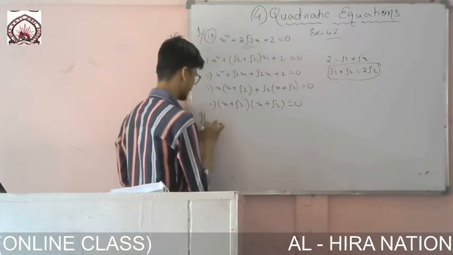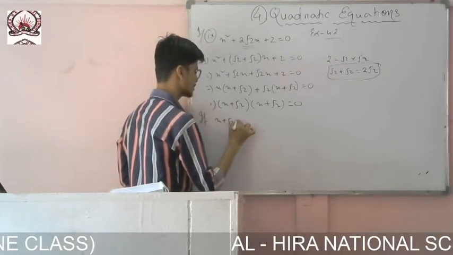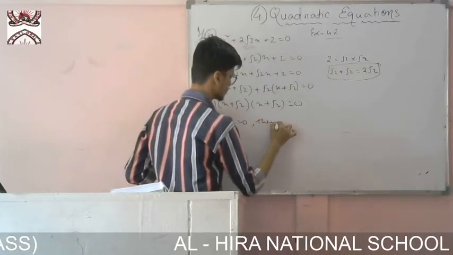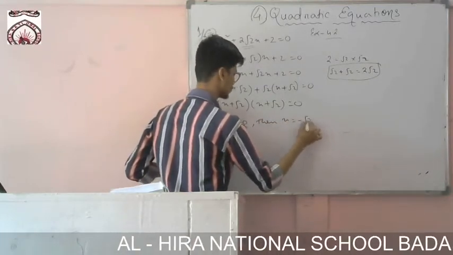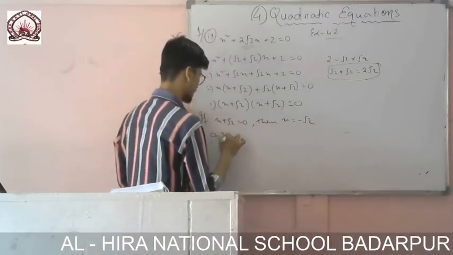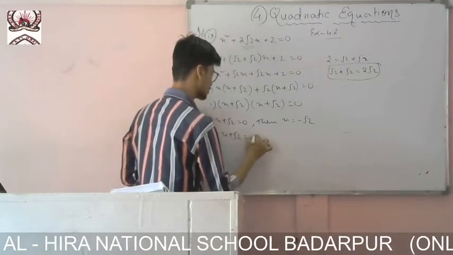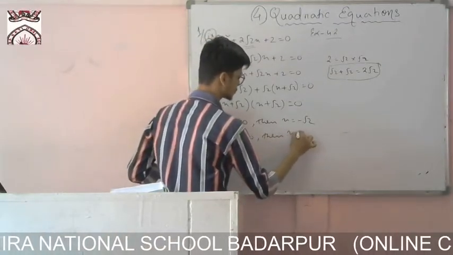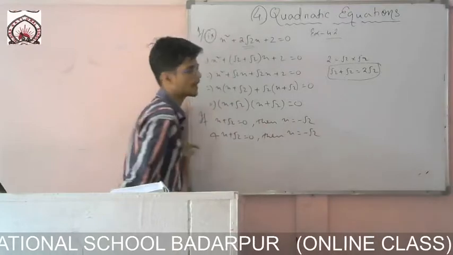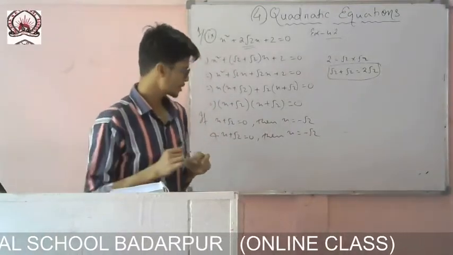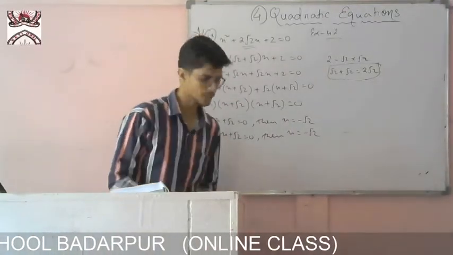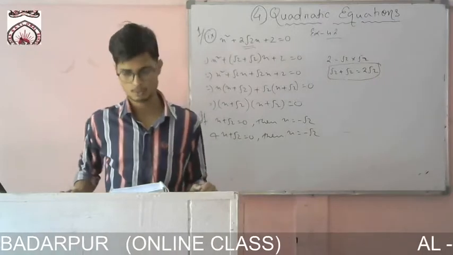If x plus root 2 is equal to 0, then x will be minus root 2. Therefore both the roots of the quadratic equation are minus root 2 and minus root 2, okay.